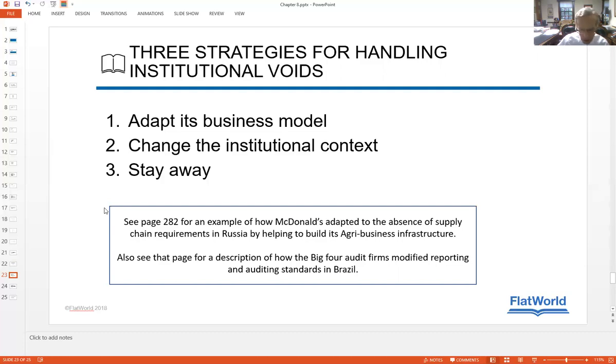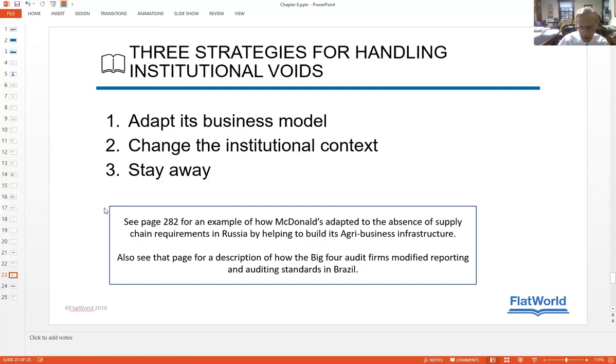And that means processed beef, the packaging, just a whole lot of the bread, grains, and so forth, baking. And so over a period of time, McDonald's actually jumped right in to help agribusinesses form and produce the products that it needed to offer quick service meals to customers in Russia.